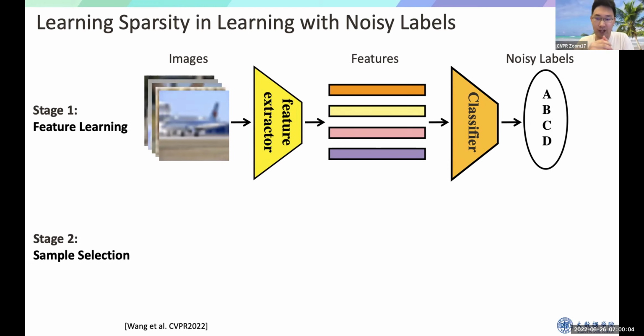So in the first stage, the network is trained with cross-entropy to extract features and classify labels. As they are noisy labels, the network is not well trained. To solve this problem, we need to identify noisy data and remove them from the training set.